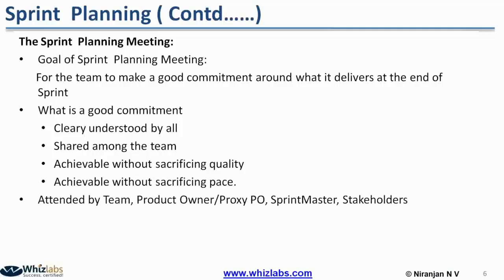The people who attend the sprint planning meeting are the entire Scrum team, the product owner, a proxy product owner if you have one, and the Scrum master. If any stakeholders are there, they can also be part of this meeting.